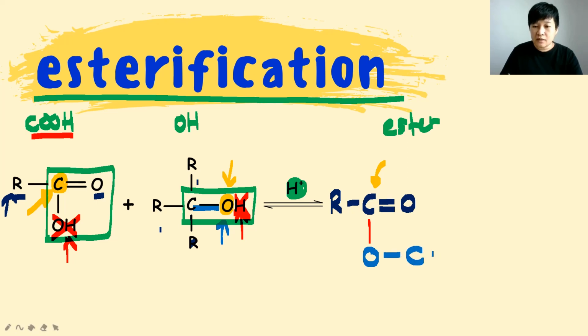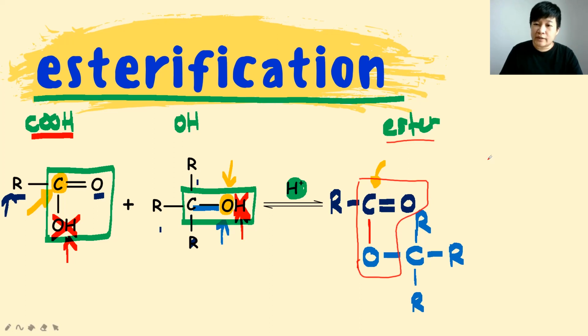So the carbon that is holding the R group will just be sitting right next to it as what you have attached. And this is the ester that you form. Knowing that your ester must be a carbon holding C double bond O, holding C single bond OC, that is your carboalkoxy group. And that is the ester that you produce.